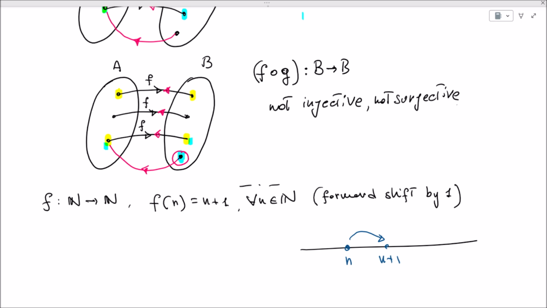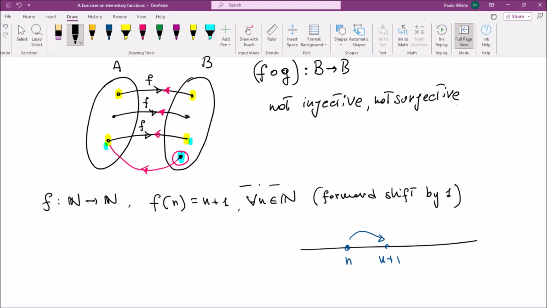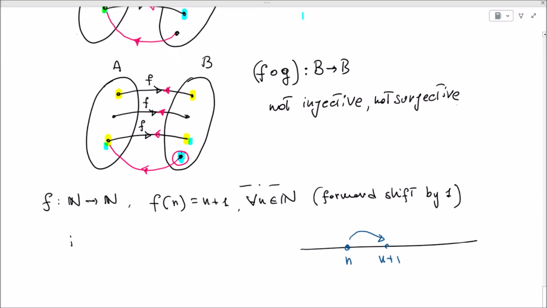Okay? Well, we can easily prove that this function is injective. Why is this function injective?